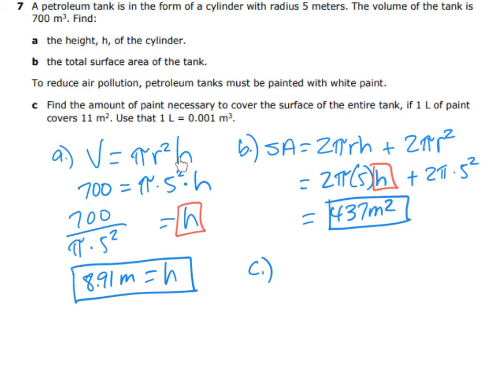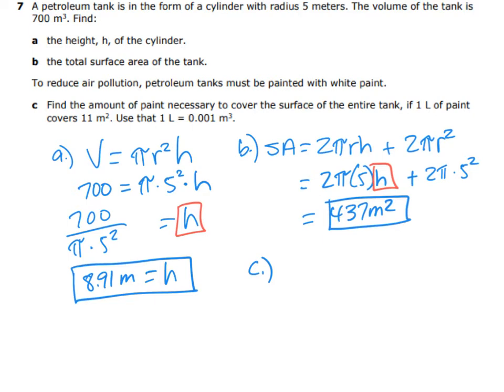And then this is really extra information that we don't need. All we need to do is take our total surface area, which was our answer to part B, and then divide it by 11. If we take total surface area divided by the fact that 1 liter covers 11 square meters, that division will give us the number of liters.